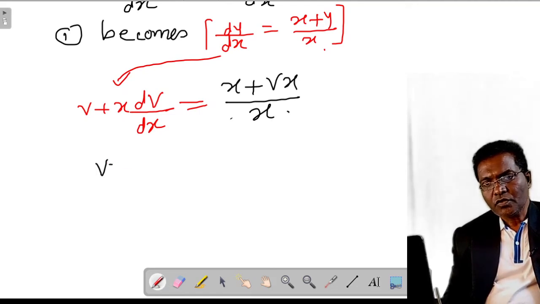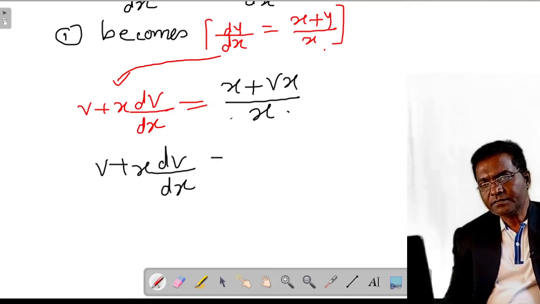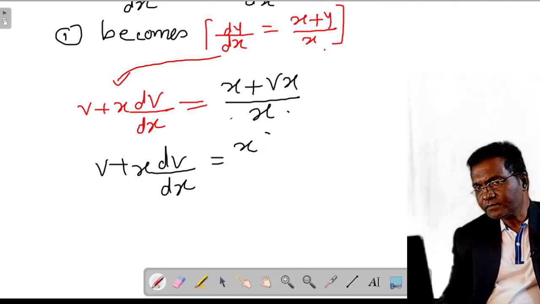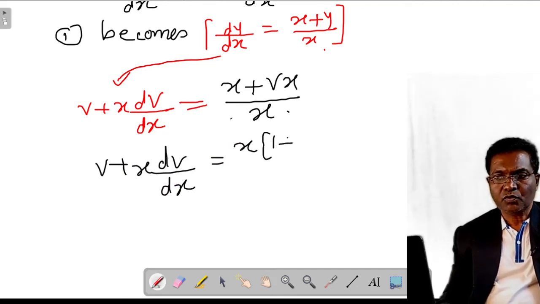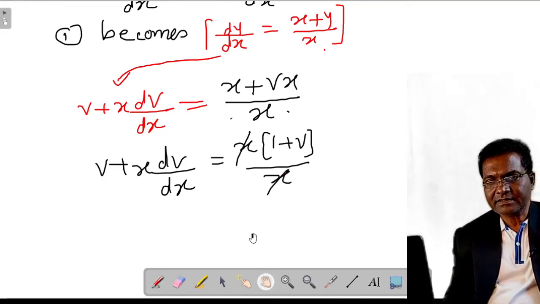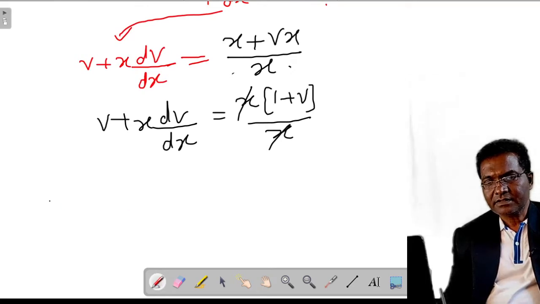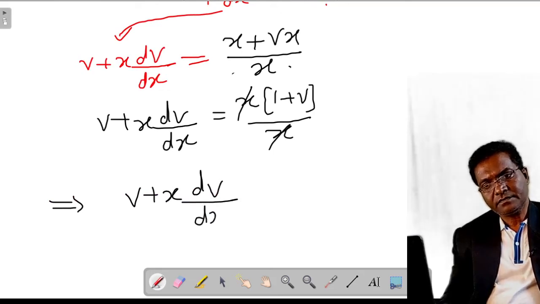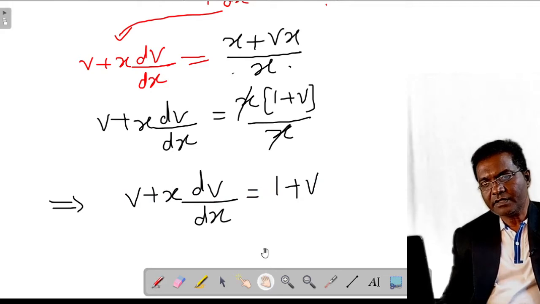So v plus x dv by dx equals, x common, x times (1 plus v), divided by x. x cancels. So v plus x dv by dx equals 1 plus v.